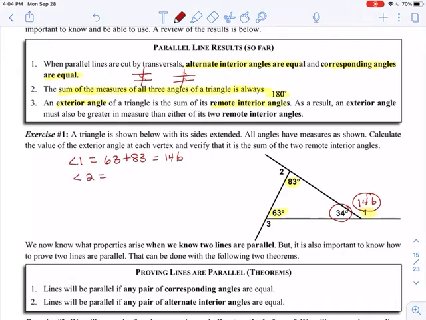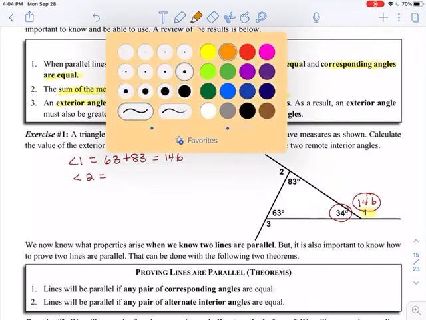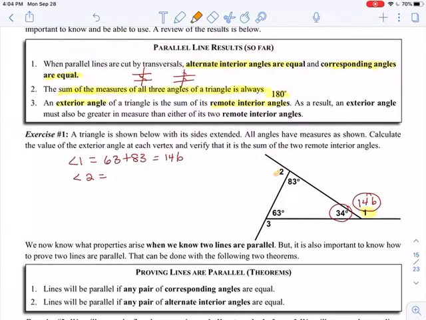Well, let's look at angle 2. Angle 2 is also an exterior angle. Let me erase some of these highlights right here. I'm going to grab a different color. So angle 2 is an exterior angle. It's equal to the sum of the two interior angles of the triangle that are not next to it.